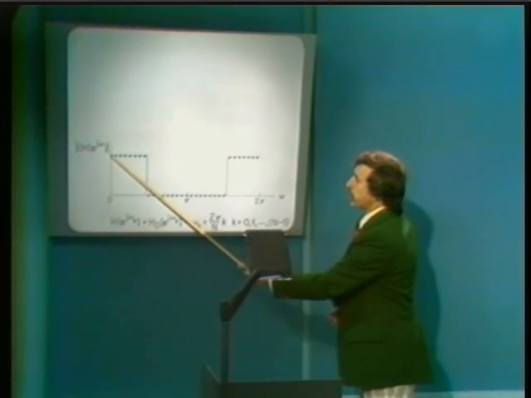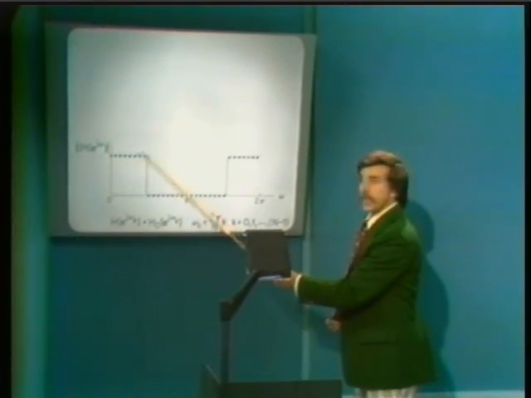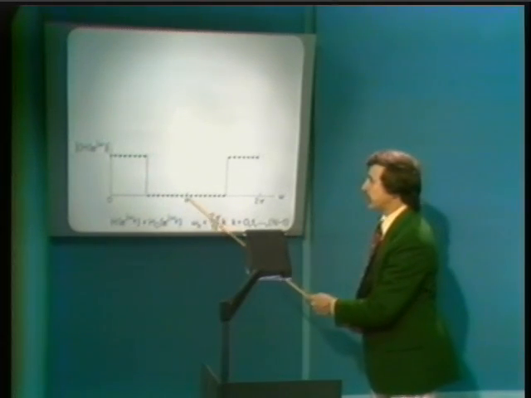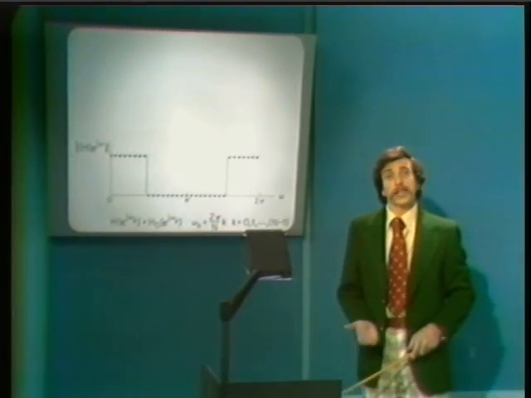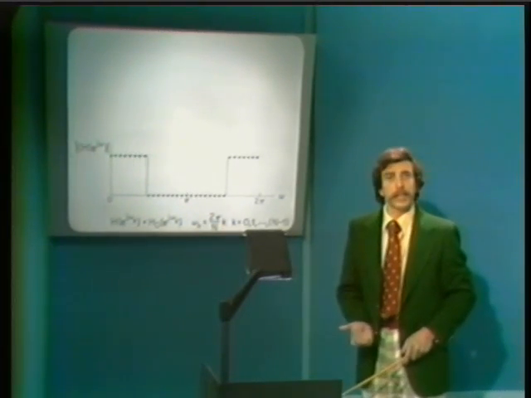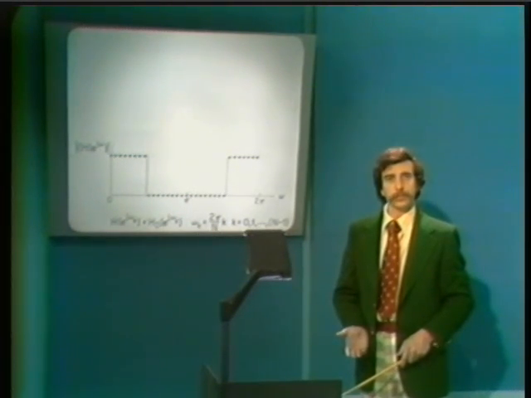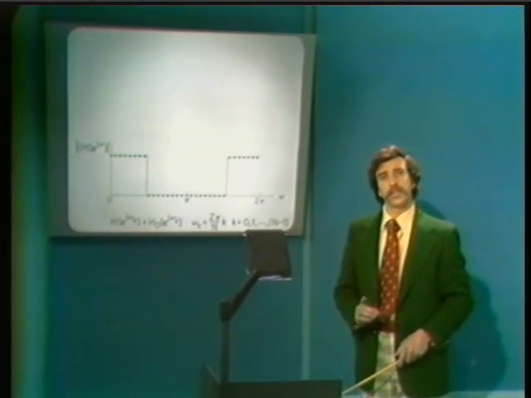And here we've specified a discrete Fourier transform that's unity in the pass band and 0 in the stop band. And one could ask, well, is that an ideal digital low-pass filter? Well, the answer to that is no.